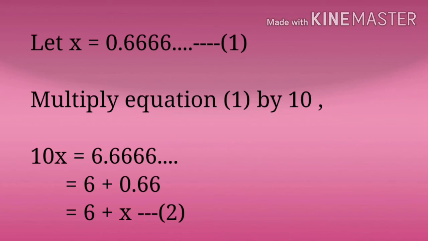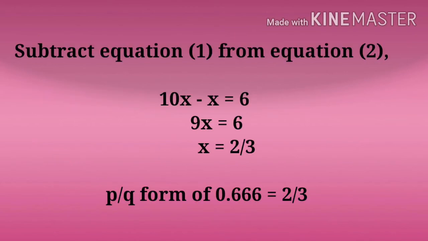Consider this as the second equation. Now we can subtract equation 1 from equation 2. What is equation 1? x is equal to 0.666, etc. And equation 2, 10x is equal to 6 plus x.